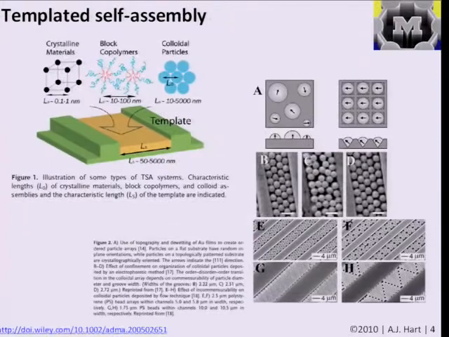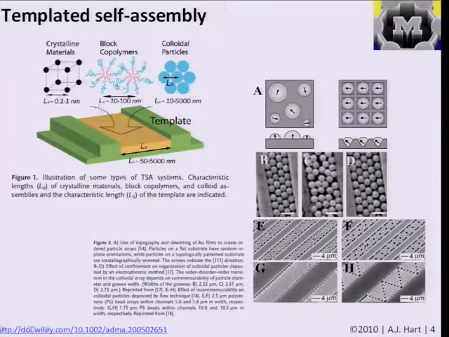And last time I concluded by mentioning this general approach to templating the position or assembly of nanostructures. And this slide sort of just generally showed the approach whereby you could use lithography. This, for example, could be e-beam lithography or advanced optical lithography to produce a trench that's 50 nanometers wide, or you could say conventional optical lithography on the higher end to produce something which is 5,000 nanometers or 5 microns wide.